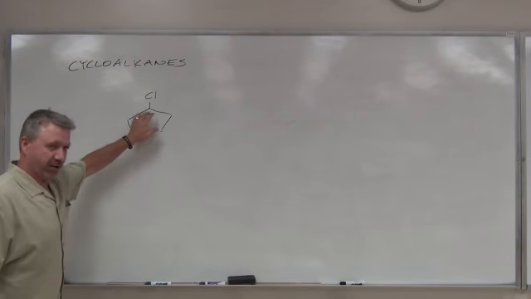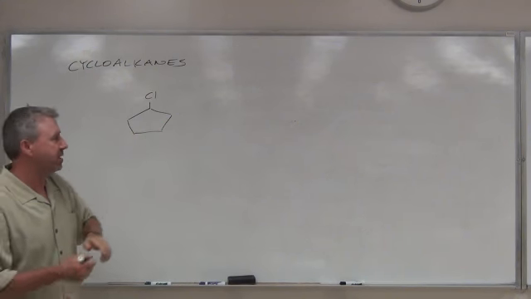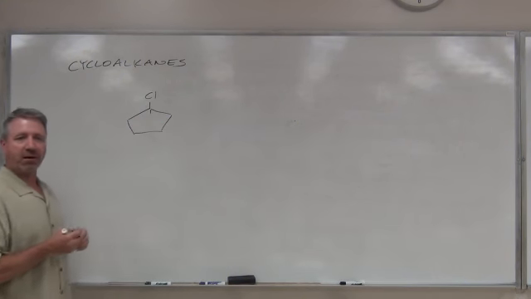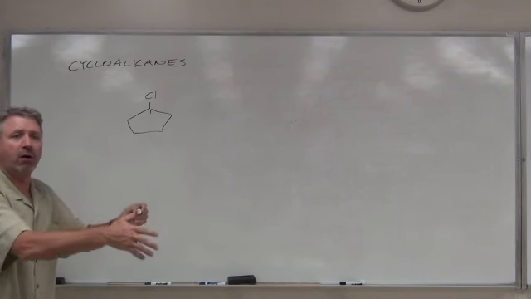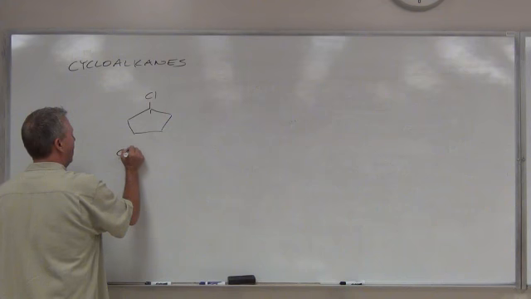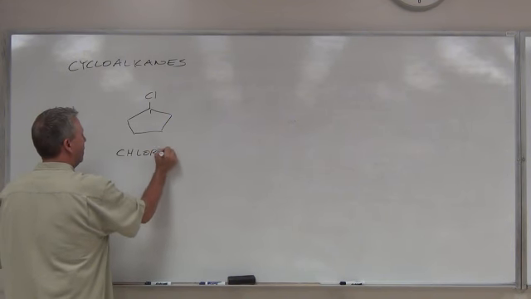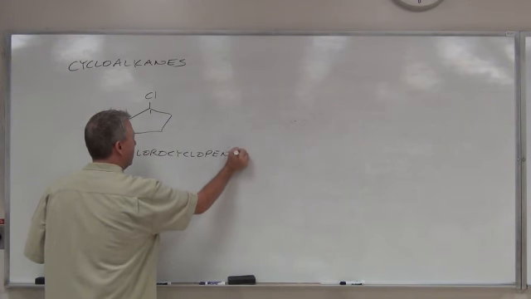So in order to number your chain in such a manner that you put the lowest number on the first point of substitution, this one's always going to be carbon number 1, where the substituted group is. So you don't have to say 1-chlorocyclopentane. You can just say chlorocyclopentane.